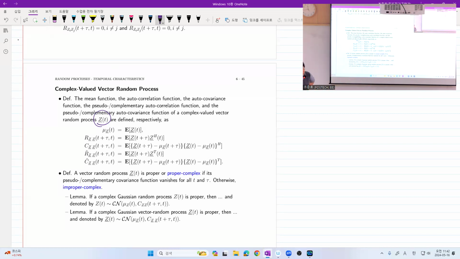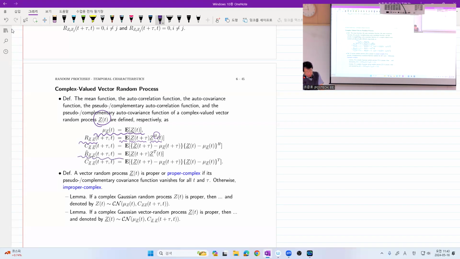Anyway, first, here goes the mean of a vector-valued complex random process. Very simple. What about autocorrelation? As I told you, it is the expectation of Z of t plus tau times Z of t Hermitian transpose. If Z is a one-dimensional complex random variable, we go back to our definition of the autocorrelation function.